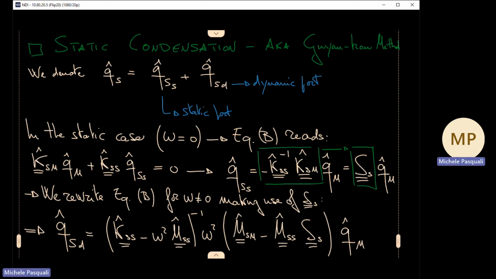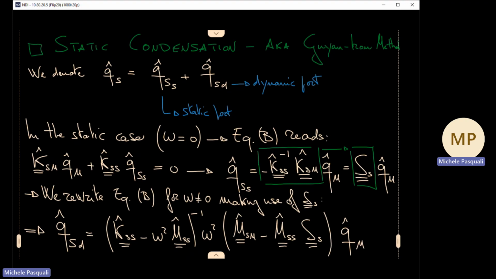Is this clear? If the slave part of your system has a dynamics defined by eigenvalues which correspond to frequencies much larger than those of interest, then this part is very big, the -1 is very small, and QSD is basically 0.